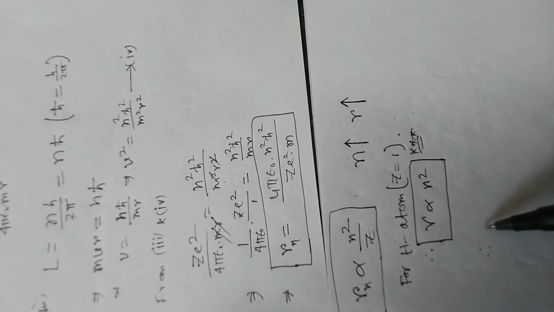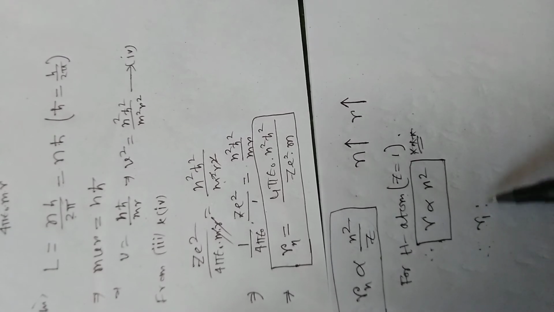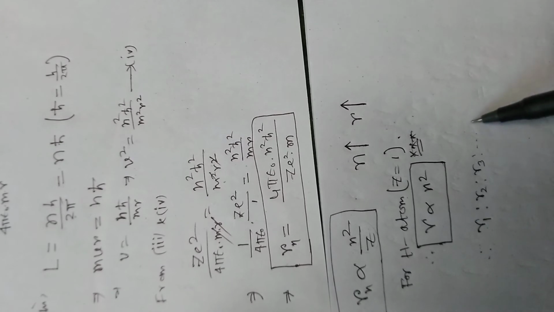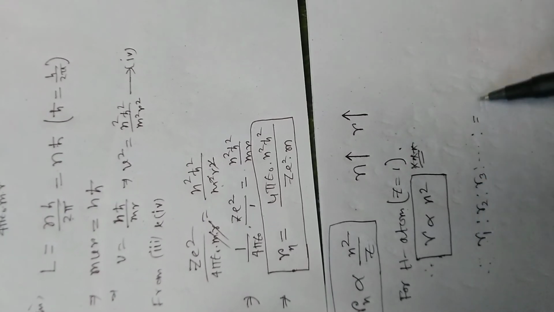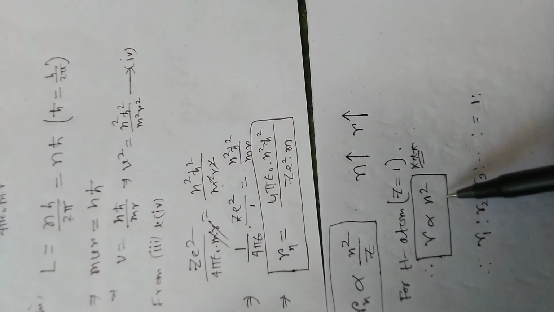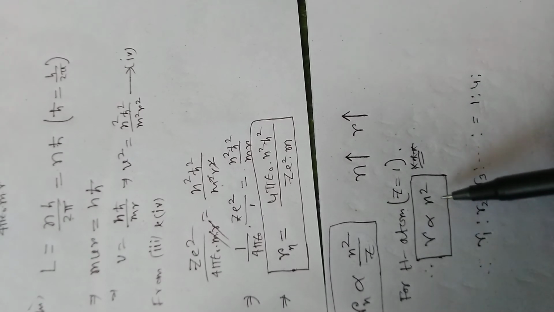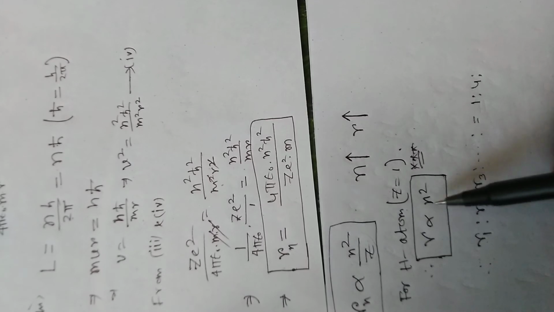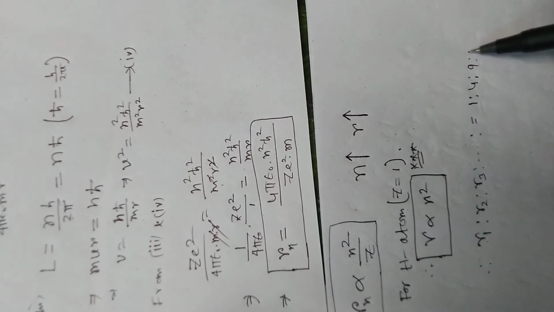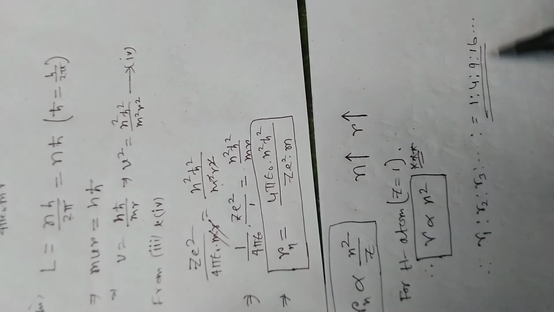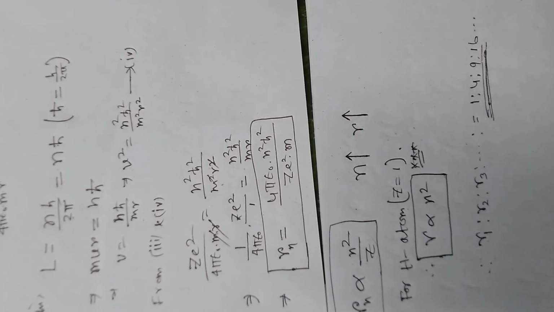The radius of the first orbit is to the radius of the second orbit is to the radius of the third orbit like this: for n equal to 1 it is 1, for n equal to 2, 2 square means 4, for n equal to 3, 3 square means 9, then 16, like this. So these are the ratios between the different orbits, first, second, third, fourth and so on up to nth orbit.